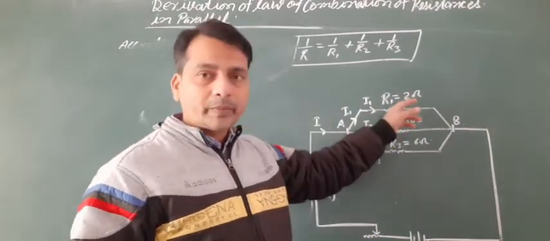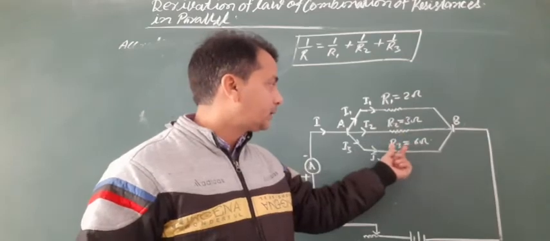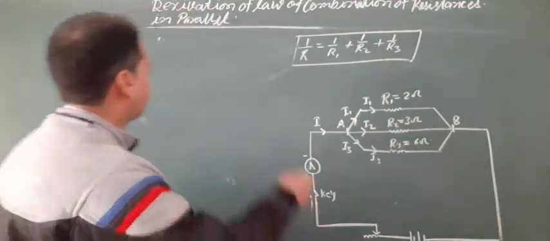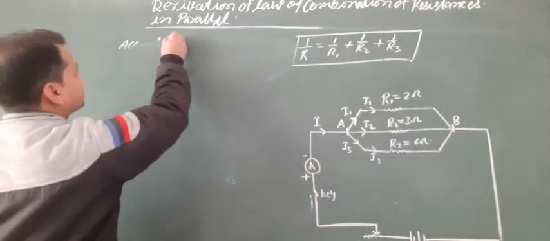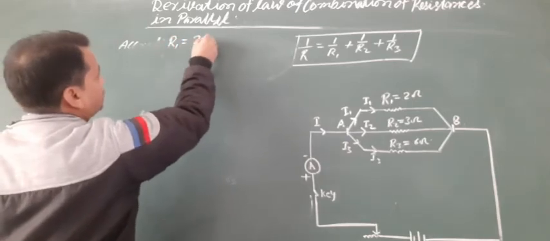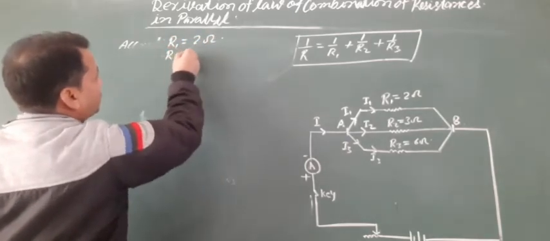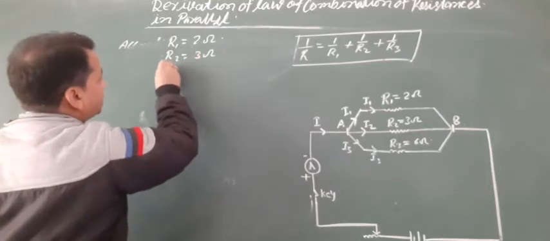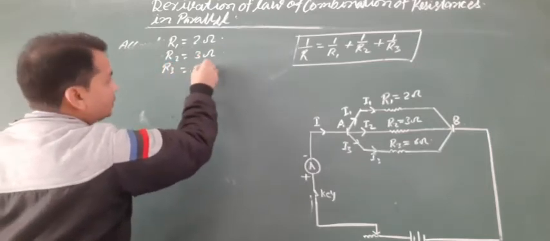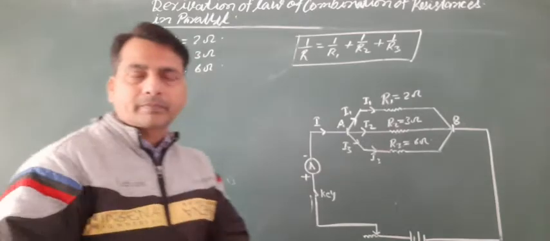R1 equal to 2 ohm, R2 equal to 3 ohm, and R3 equal to 6 ohm.